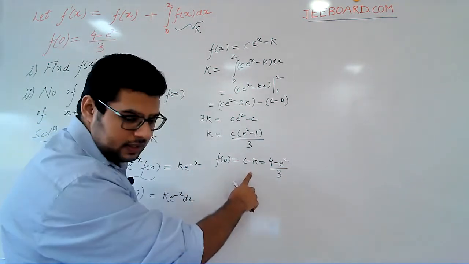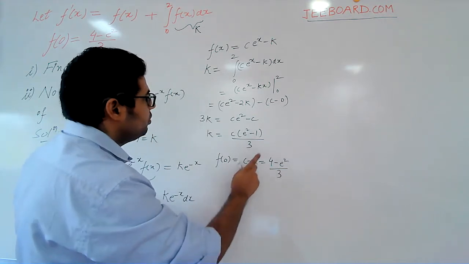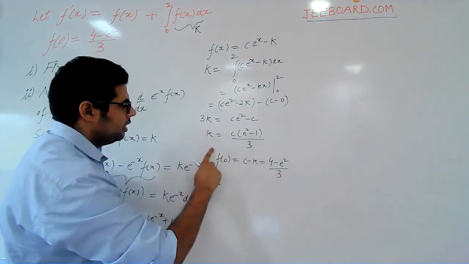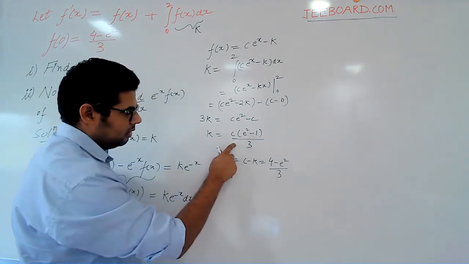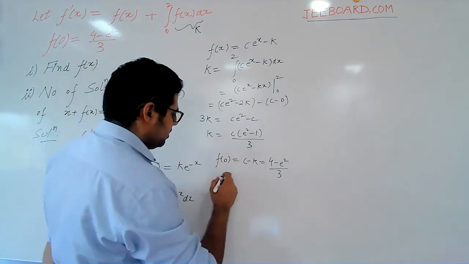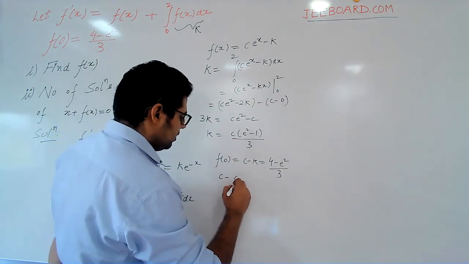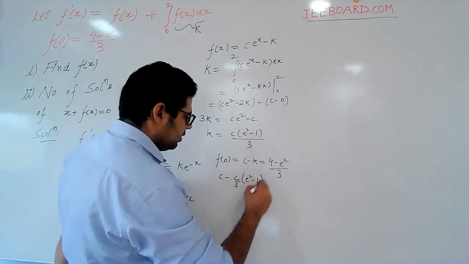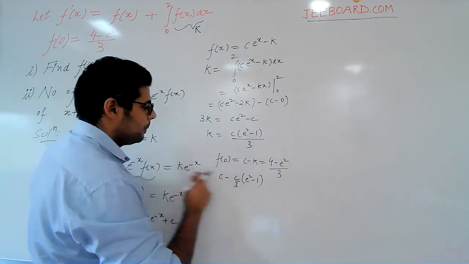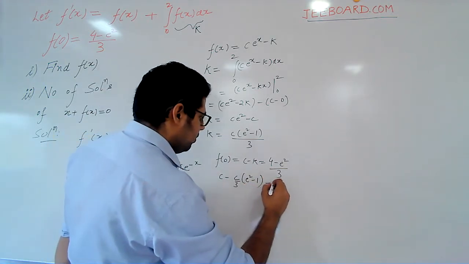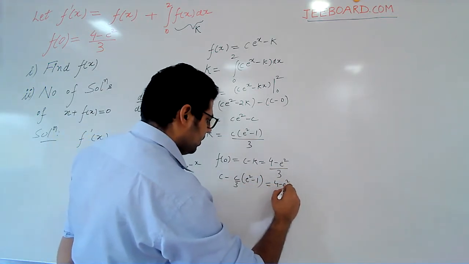So here we have c minus k equals this thing. So again, let us try to see which is the relation that we are having. K equals this. So substitute. So this is c minus c by 3 times (e square minus 1) equals (4 minus e square) by 3.